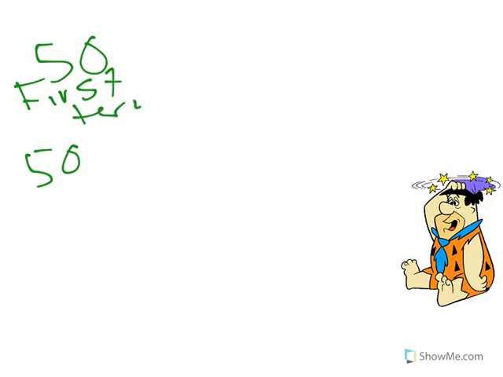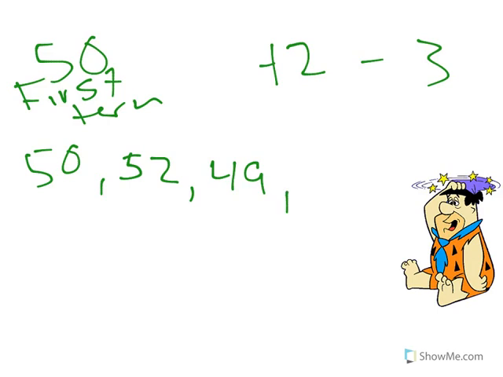Let's do 50. 50 will be our starting number, so that's our first term. And then we're going to add 2, minus 3. So 50 plus 2 is 52. Minus 3 is 49. Plus 2 is 51. Minus 3 is 48.